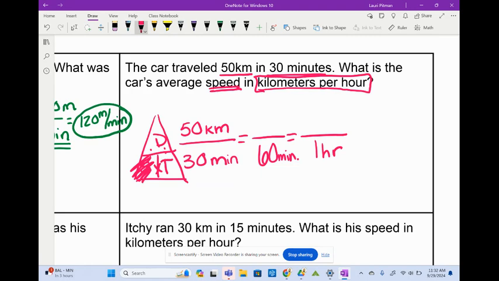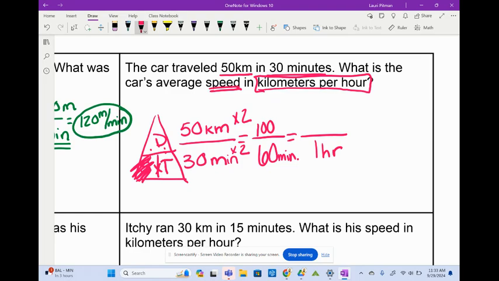So I know that I have to do times 2. I have to do 30 times 2, which gives me 60 minutes. Whatever I do to the bottom, I have to do the same thing to the top. So I'm going to go 50 times 2. 50 times 2 is going to give me 100.